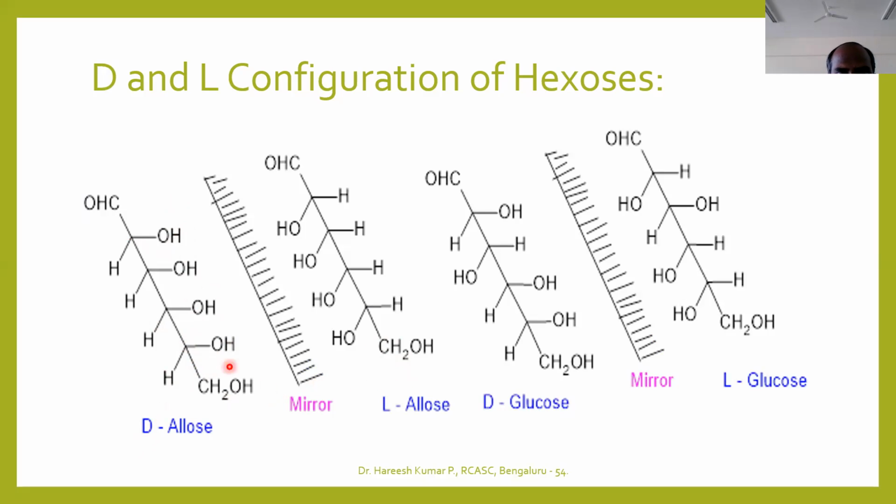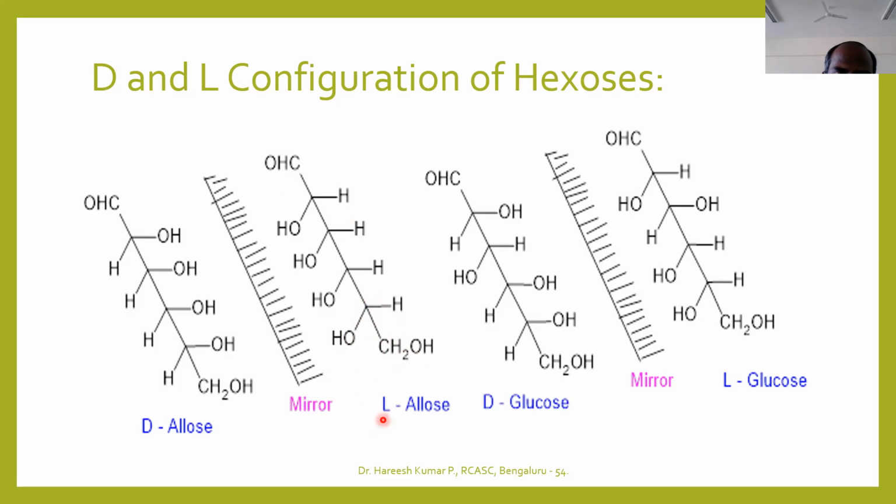So here you can check the mirror images. This will be the mirror image, and here you can observe hydroxy is this, hydroxy is this, hydroxy is this, that is the reason it's a mirror image. And what you can observe here, this is the chiral carbon atom, so the hydroxy group is on the left hand side.